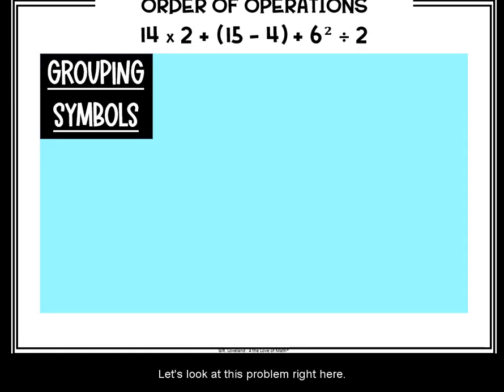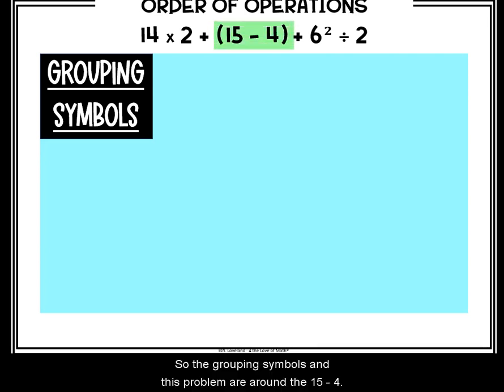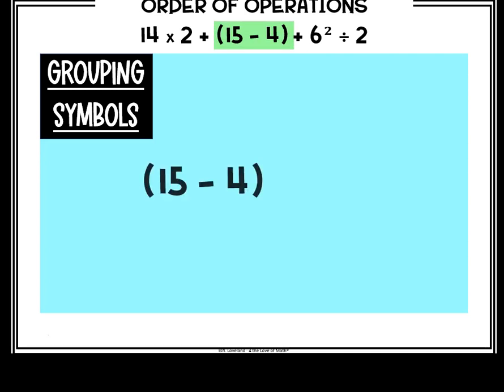So let's look at this problem right here. We have 14 times 2 plus grouping 15 minus 4 plus 6 squared divided by 2. So our first step in order of operations tells us we need to do the grouping symbols. The grouping symbols in this problem are around the 15 minus 4.